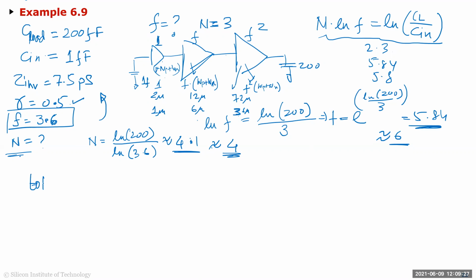If you remember, it's N times tau self inverter times Cj over Cj minus 1.